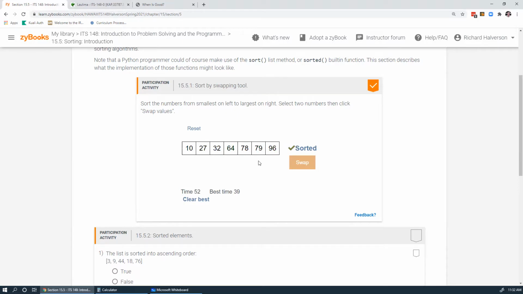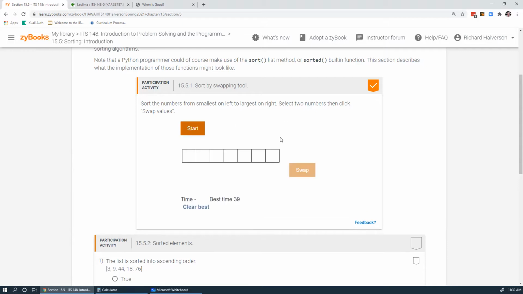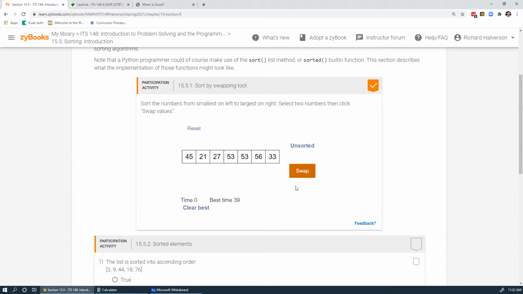There's other ways where I can start by doing pairs. Let's see. So I can start at the bottom, and I can bubble up the smaller one. So this pair, 33 is smaller than 56, so I'm going to swap them.